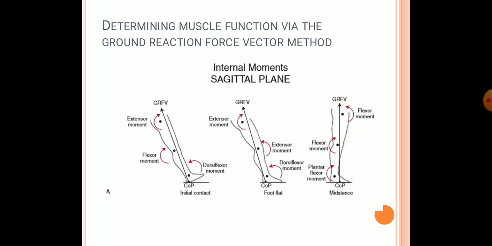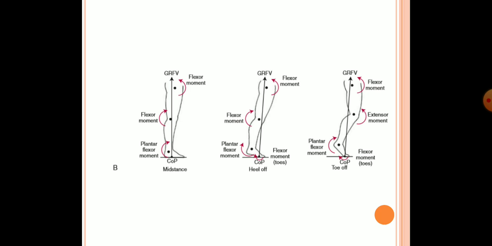And because of these changes in the ankle joint, there will be a plantar flexor moment, and in the knee joint there will be a flexor moment. And because of the change in the ground reaction forces from anterior to posterior in the hip joint, during mid stance phase the hip joint will produce a flexor moment. And in the late mid stance, what happens?